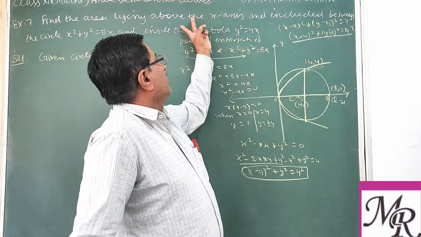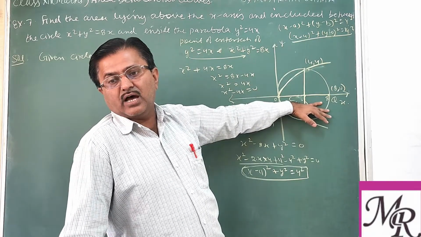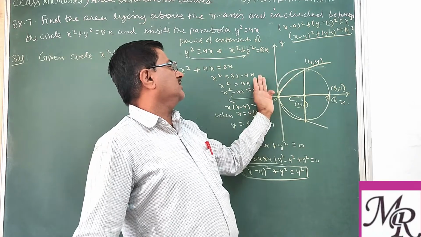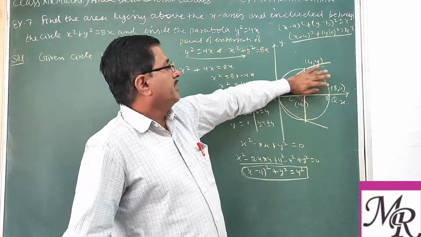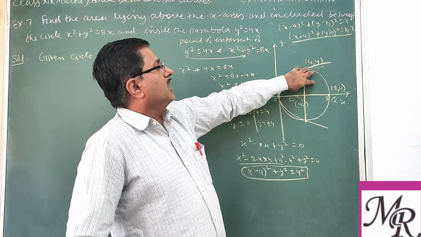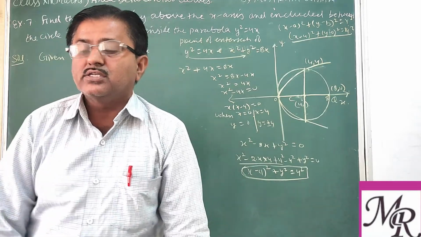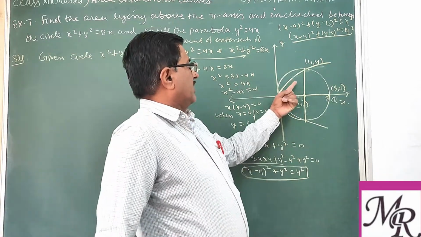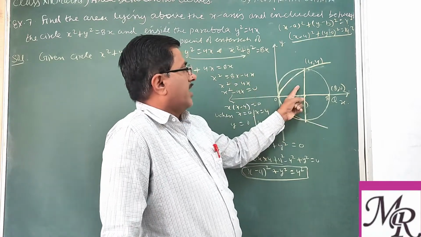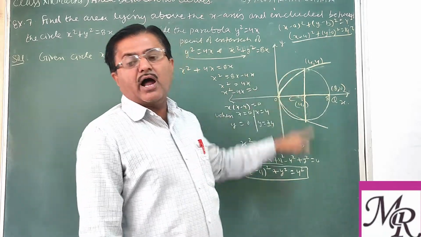But according to the first condition, we have the condition that it should be either in the first and second. So this will also not be a valid condition. It means the required area will be in the first quadrant and between the circle and parabola. Now again we have a condition: either we have to find this area or this small part.